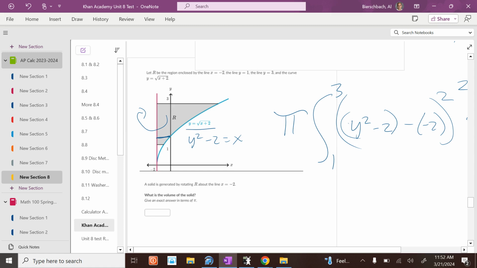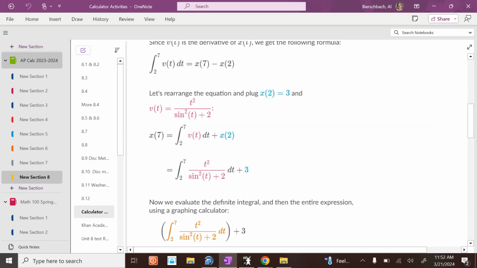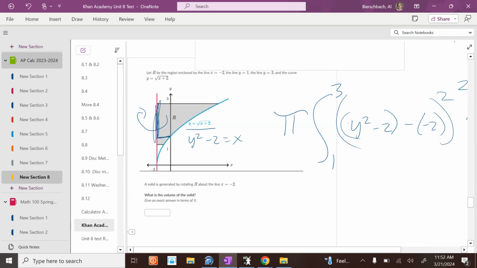You just have to know that? Well, because it's up against it. There's not a blank space in between. So if there's not a blank space in between, it's the disk method, which is the subtraction squared. Because we can do the subtraction before we ever square it anyway. Plus a positive.